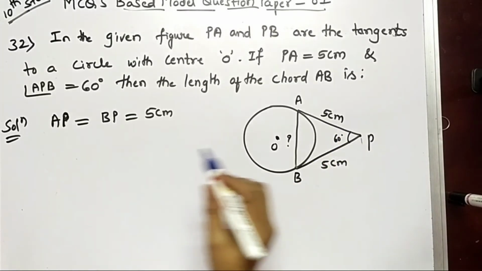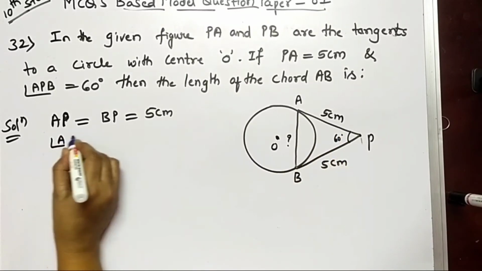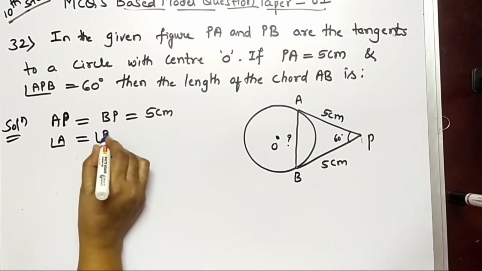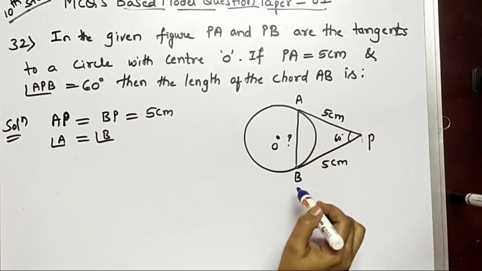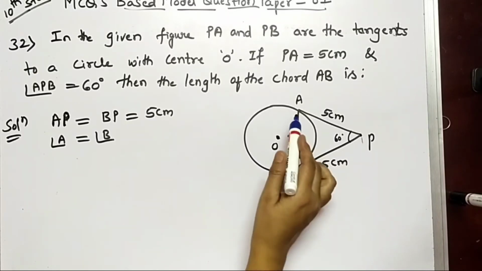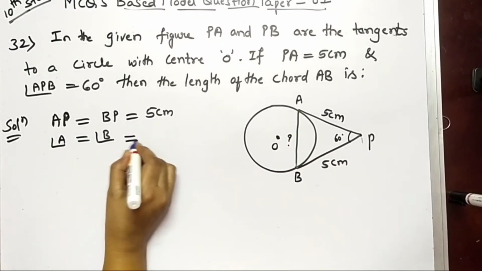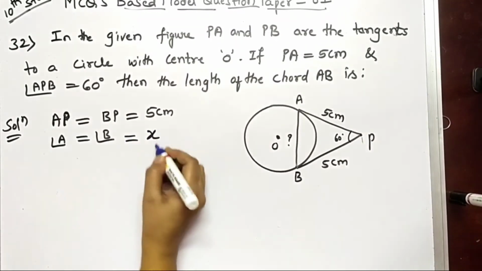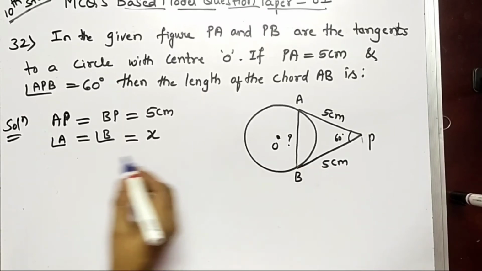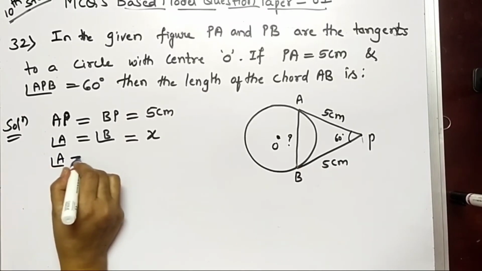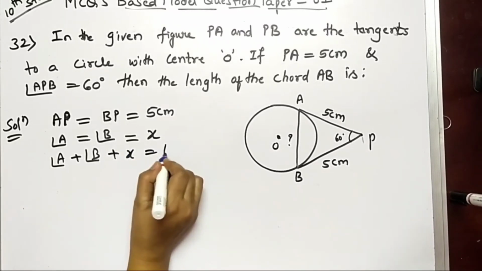So 5 centimeter. When these two sides are equal, it means angle A is equal to angle B. When two sides are equal, the base angles are equal. Let angle A equal angle B equal x. Now in triangle APB, the sum of the three angles is equal to 180 degree.